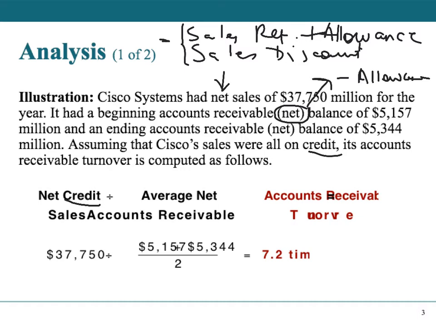Okay, so why average? So what does it mean? So the basic rule for you guys, I'm going to put it in red. If you remember, your sales are located on the income statement. And remember, your receivables are located on the balance sheet. So if you simply divide the two, income statement is for the period. In this case, it's a whole year.